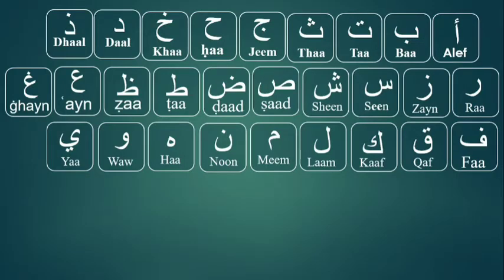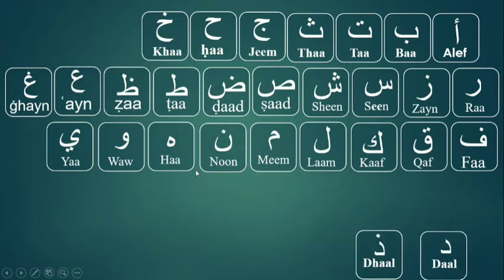This is our third lesson, and we have learned a lot of letters in previous lessons, like alif, ba, ta, tha, jim, ha, kha, and we will start now with dal and dhal.